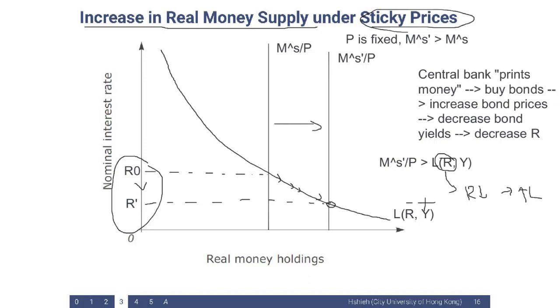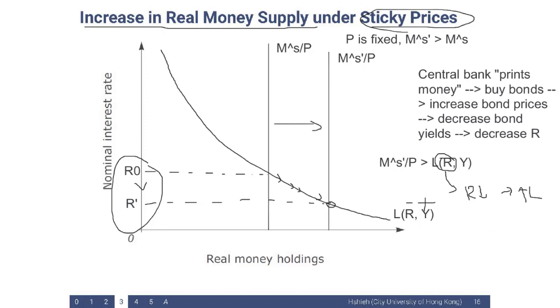So as I mentioned earlier, to conduct monetary expansion or increasing money supply, the central bank has to conduct open market operations by buying assets. How to do that? They give themselves a loan. They print money. Okay, so the central bank prints money.